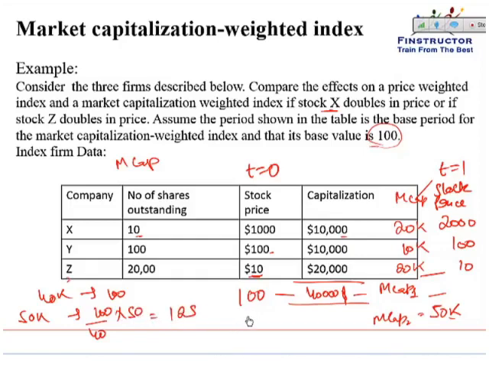So the index would have moved from $100, the market cap weighted index, to $125, or a market cap return in the case of stock X doubling would be 125 minus 100 divided by 100, ending value minus beginning value divided by beginning value, which will come out to be 25%.